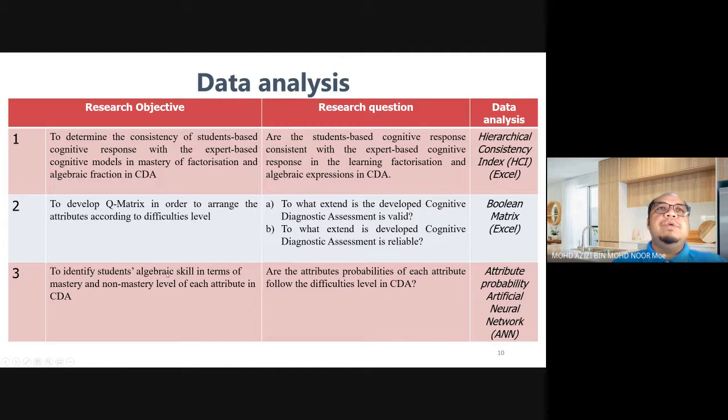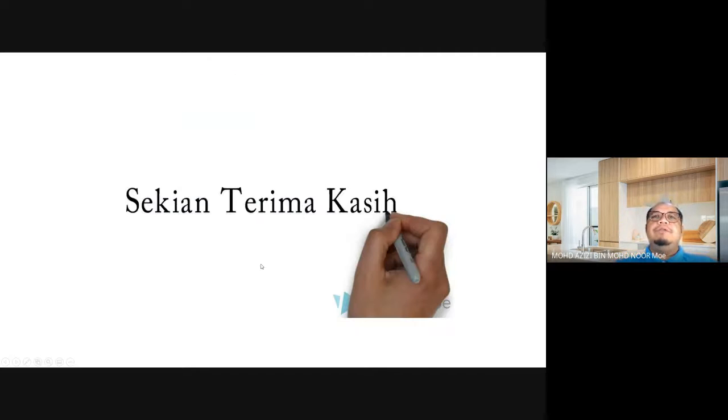To identify the students' algebra skills in terms of mastery and non-mastery levels, we use machine deep learning, the attribute probability artificial neural network, using SPSS or MATLAB. Thank you so much.